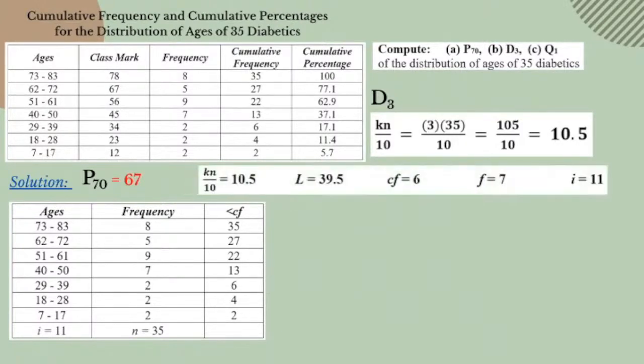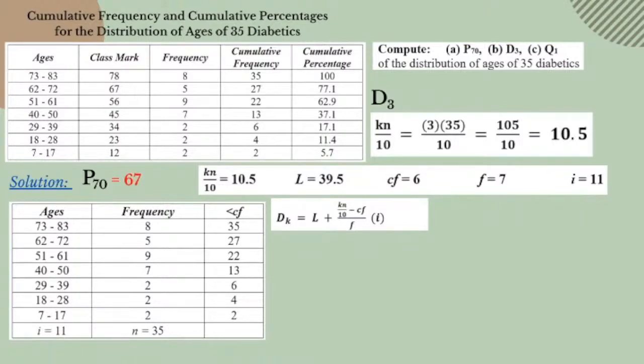Therefore, we have Kn over 10 equals 10.5, L equals 39.5, CF equals 6, F equals 7, and I equals 11. The deciles are computed in a manner similar to percentiles. The formula is used for the computation.